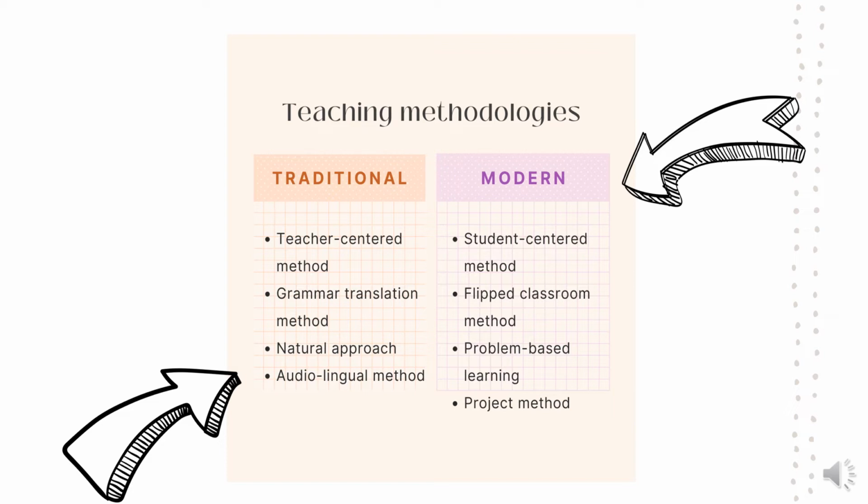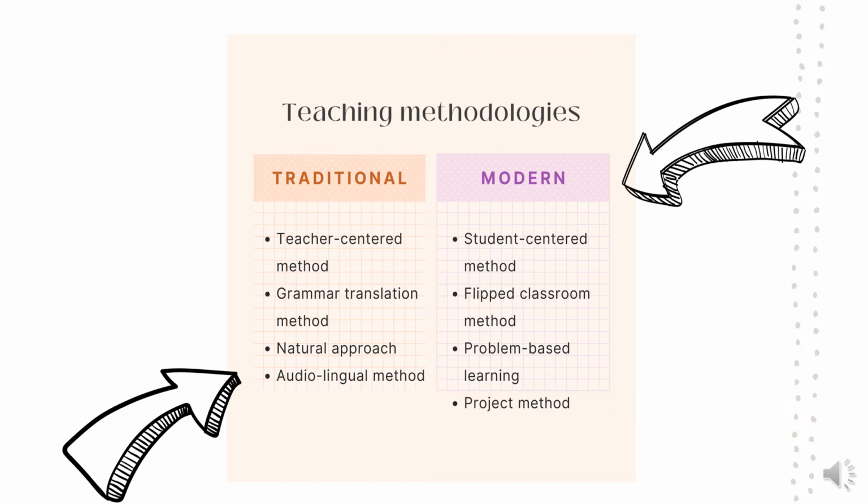And also we have the flipped classroom method, in which the student is able to go home and watch a video or educate himself, and then come the next day and present a set of questions and work on homework or their problems.